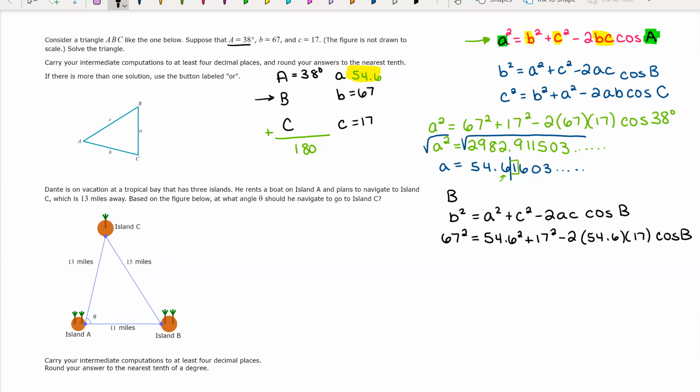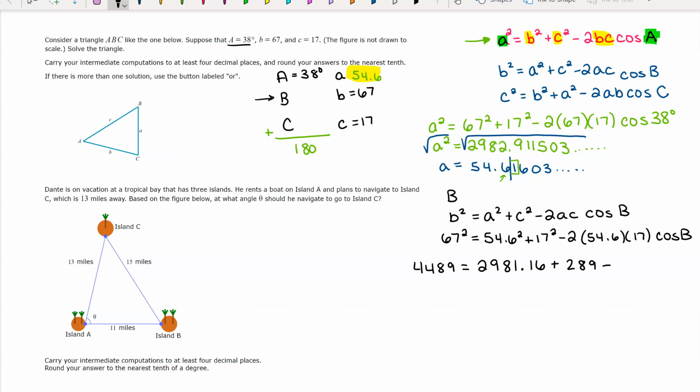So let's see, 67 squared is 4489, equals, and then 54.6 squared is 2981.16, plus 17 squared is 289, minus, and now I have to do 2 times 54.6 times 17.